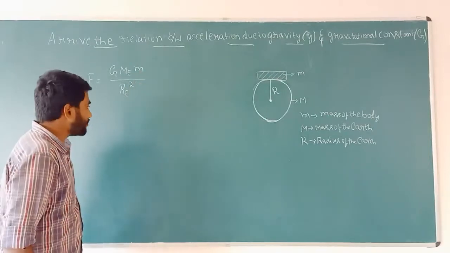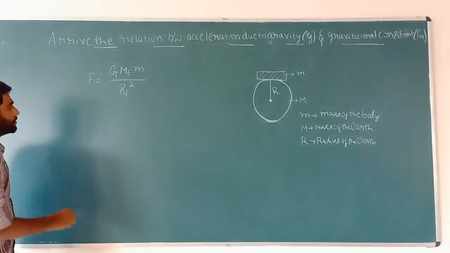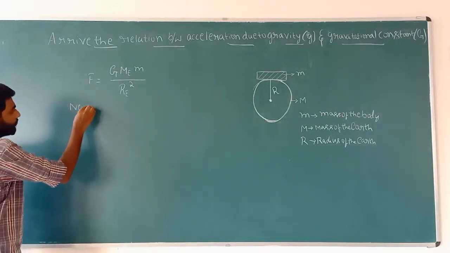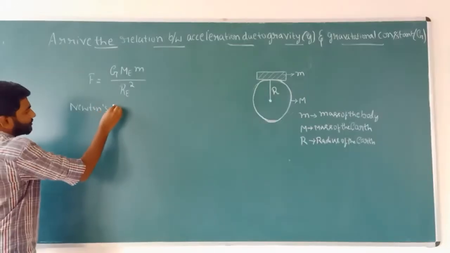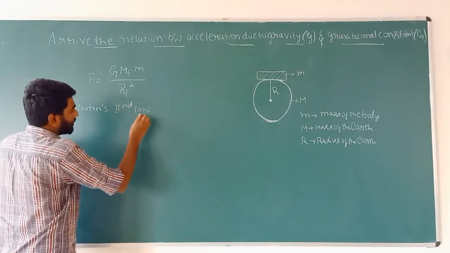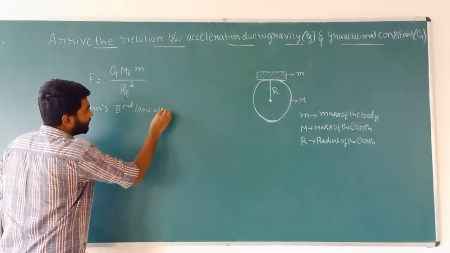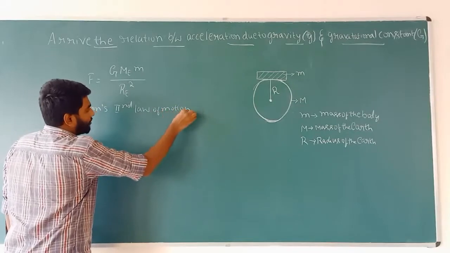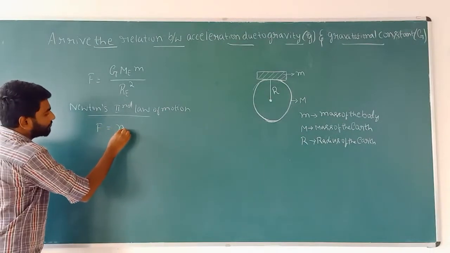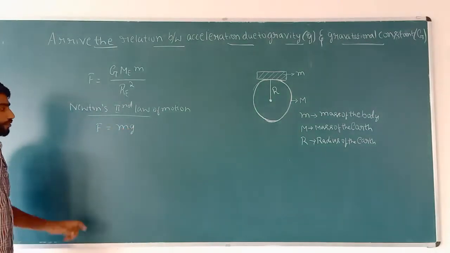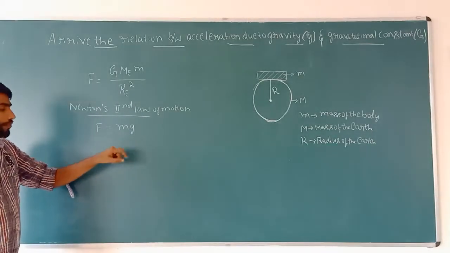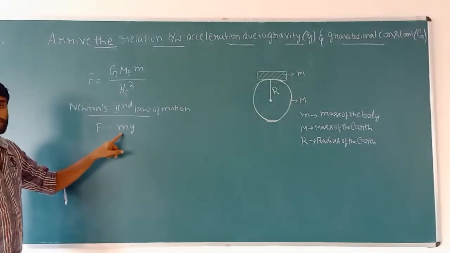So according to Newton's second law of motion, F equals mg, where force produces acceleration g for the body of mass m.